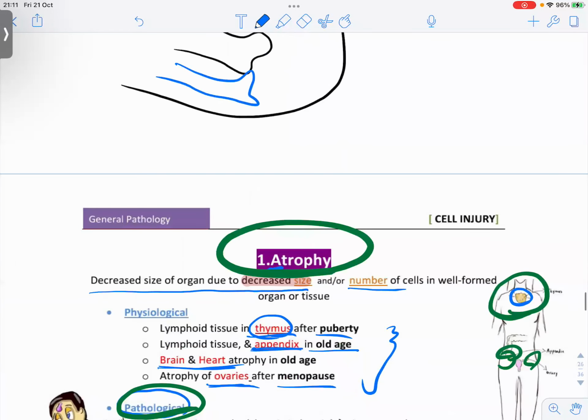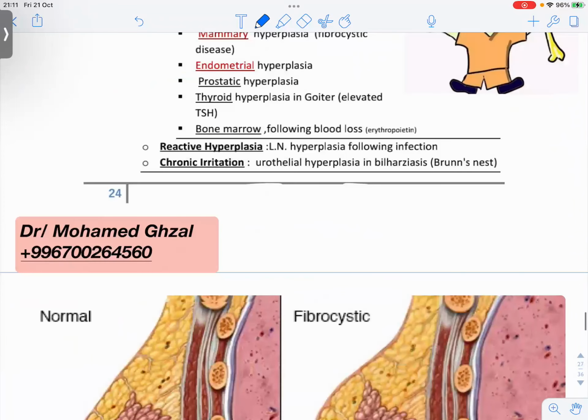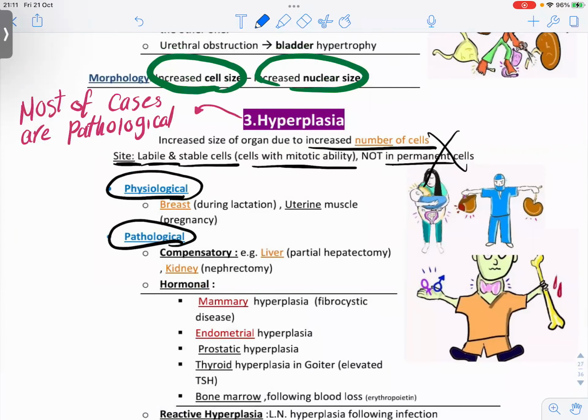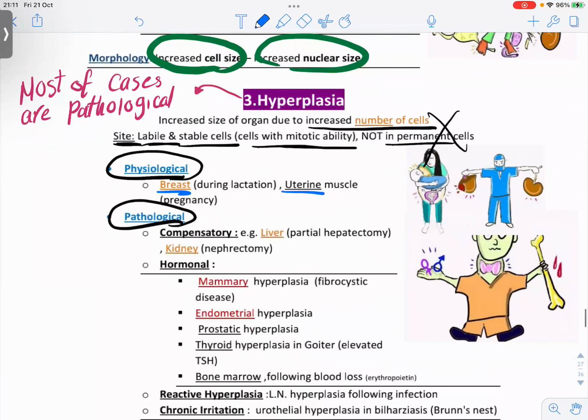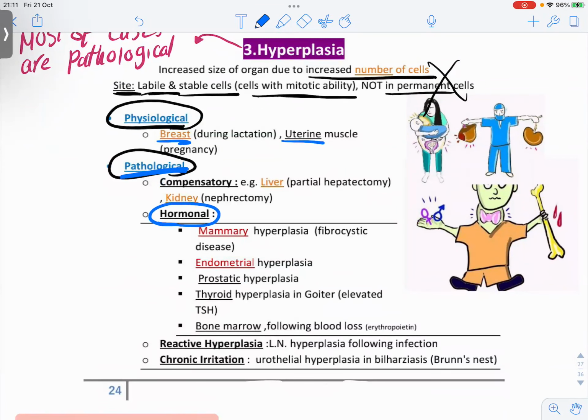So please don't be confused here, because we will say that an example of physiological hyperplasia is the breast and uterine muscle during pregnancy. But also during pathological, we will talk about the hormonal pathological hyperplasia, endometrium and mammary gland inside the breast.